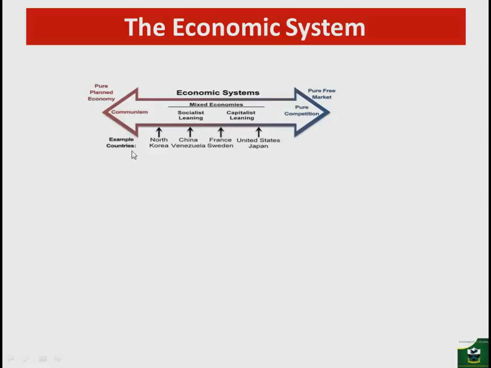As we move to the capitalist side, we'll see that the government control on the economy will be reducing as we move to the right. So from North Korea to United States and Japan, we see that here there is much competition, and the private sector has a lot of activity roles to play in the market.